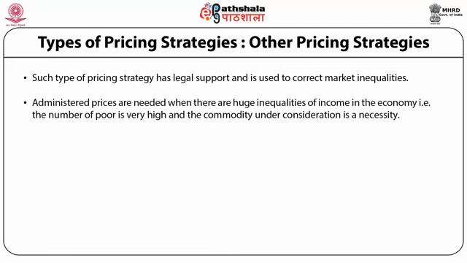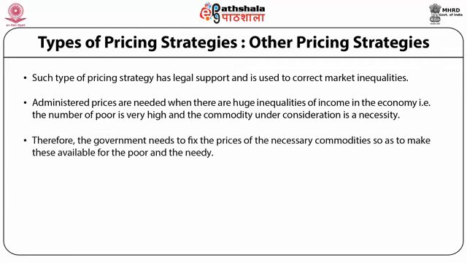Administered prices are needed when there are huge inequalities of income in the economy. That is, the number of poor is very high and the commodity under consideration is a necessity. Therefore, the government needs to fix the prices of the necessary commodities so as to make these available for the poor and the needy.